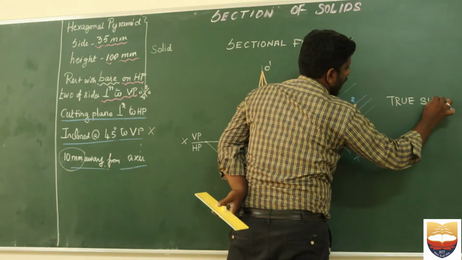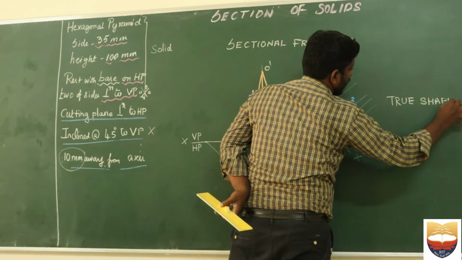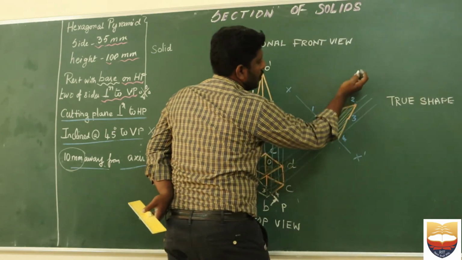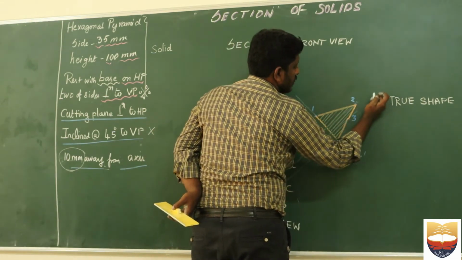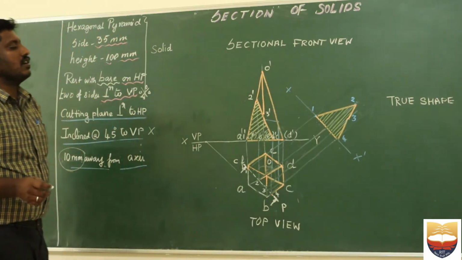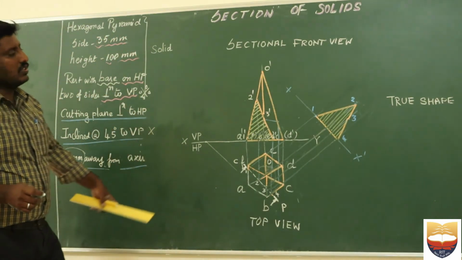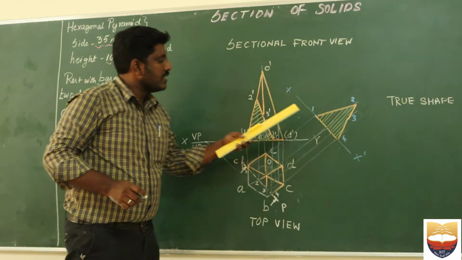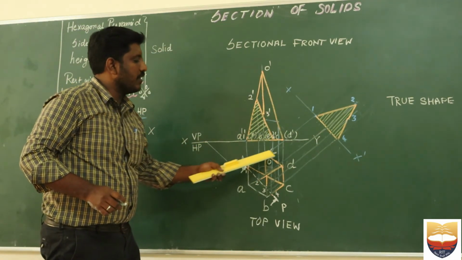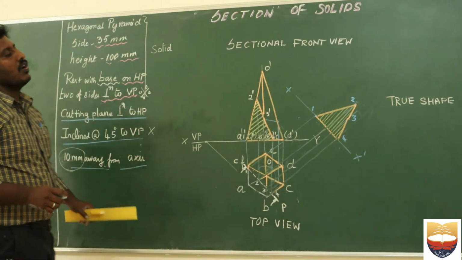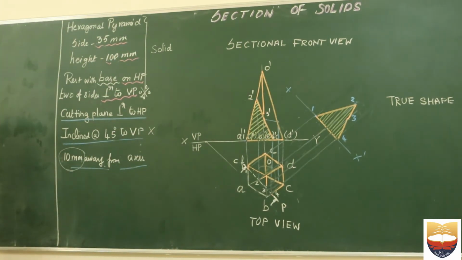Definitely you have to write this. This is very, very important, and be very careful. You can erase the unnecessary lines which have been drawn to complete your true shape. So this is the true shape for a sectioned hexagonal pyramid where two of its sides are perpendicular to the vertical plane. Okay, thank you.